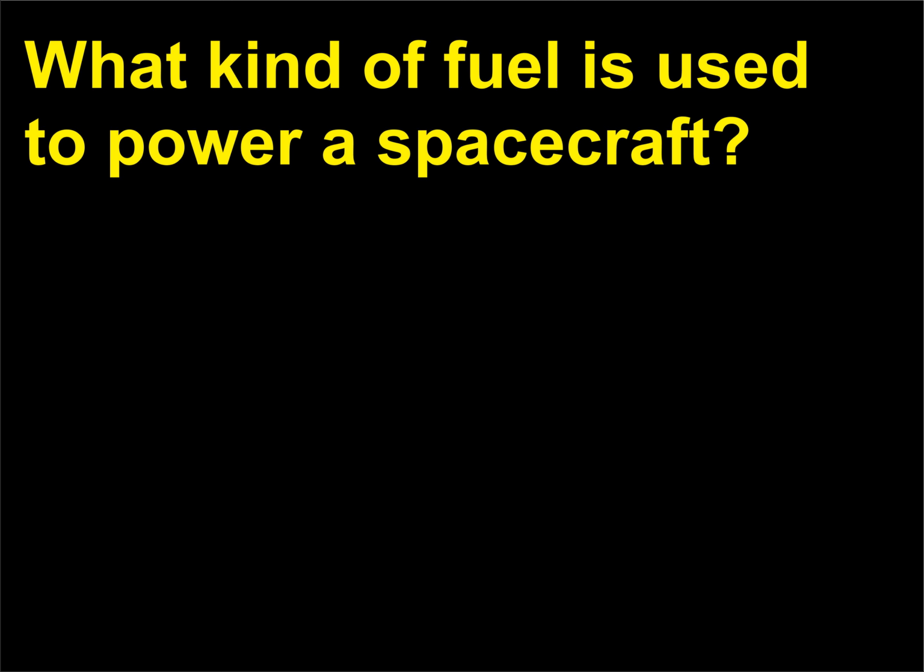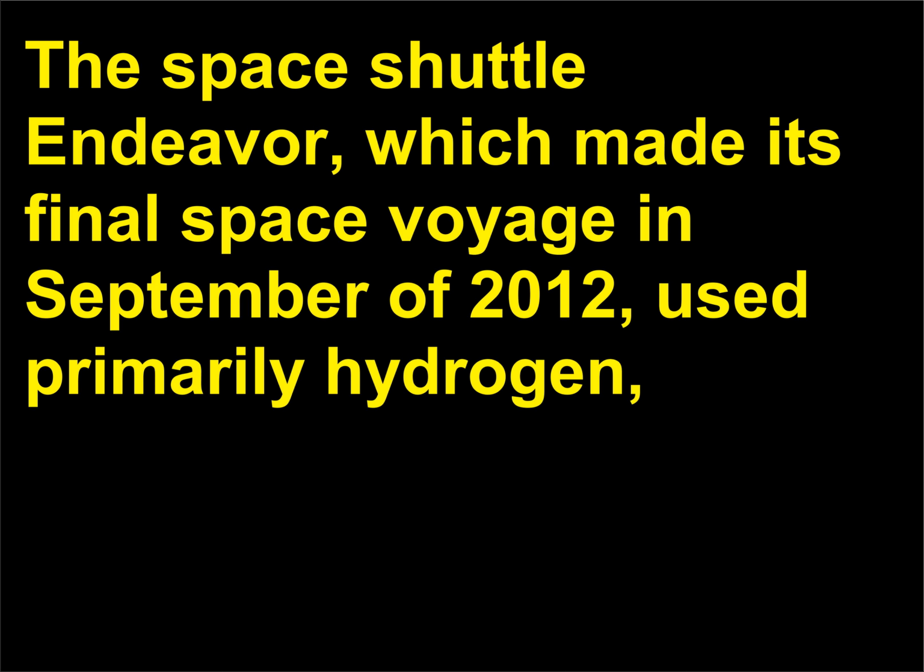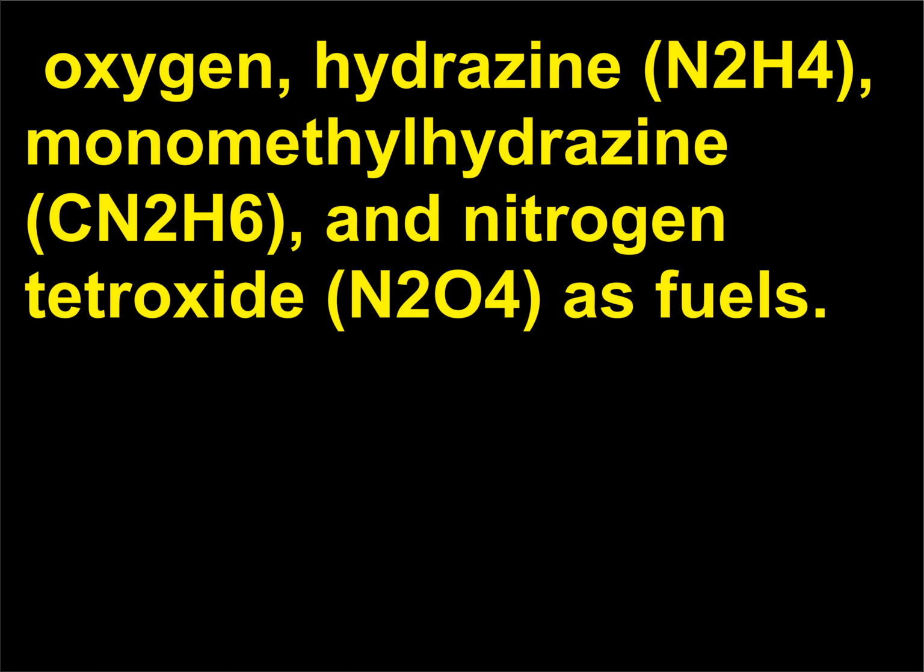What kind of fuel is used to power a spacecraft? The Space Shuttle Endeavour, which made its final space voyage in September of 2012, used primarily hydrogen, oxygen, hydrazine, N2H4, monomethylhydrazine, CN2H6, and nitrogen tetroxide, N2O4, as fuels.